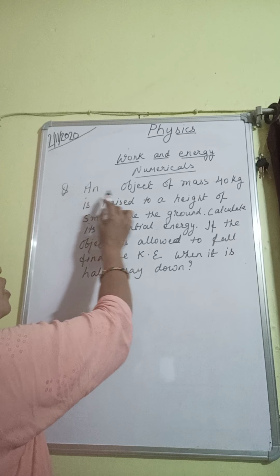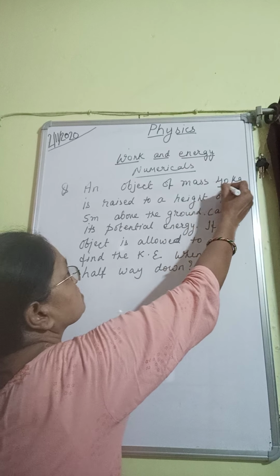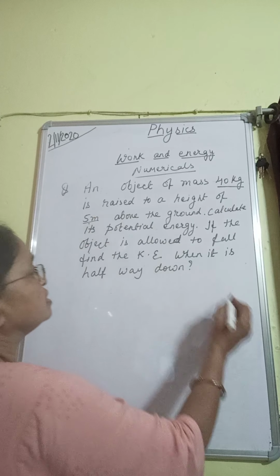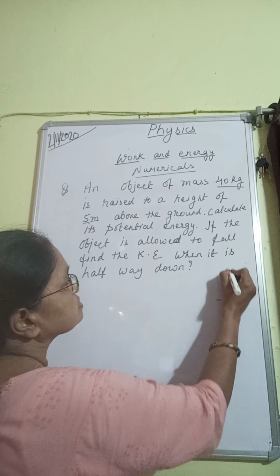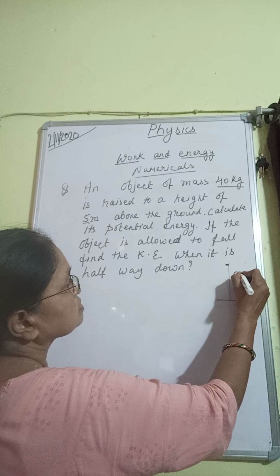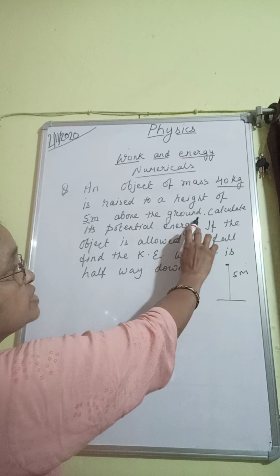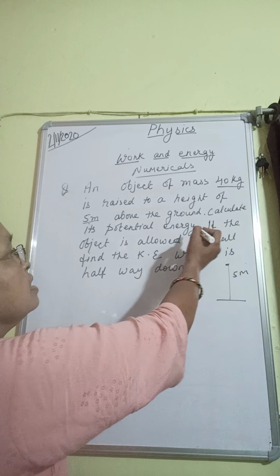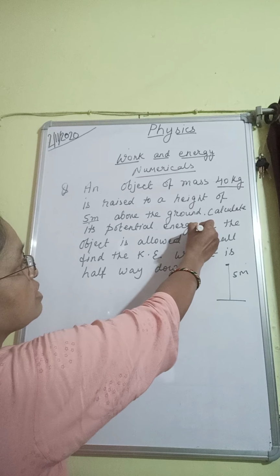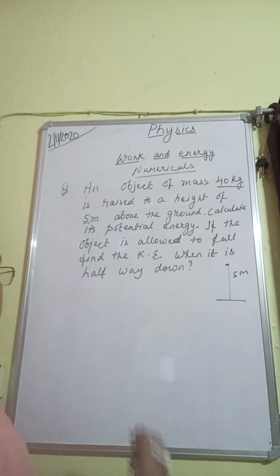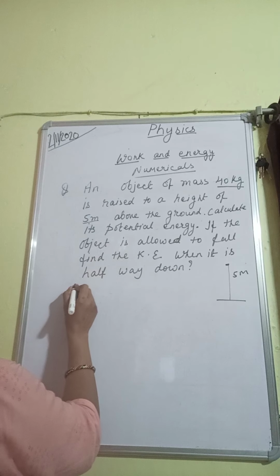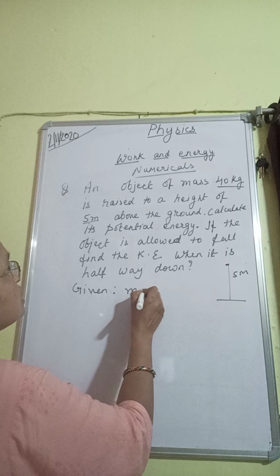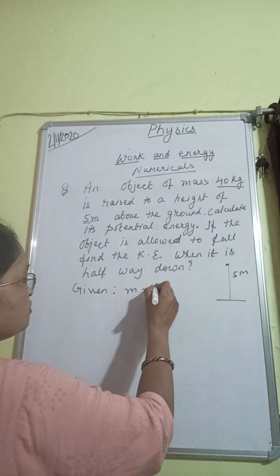Next question is, an object of mass 40 kg is raised to a height of 5 meter above the ground. Calculate its potential energy. So, let us solve up to here, then we will proceed again. Given, first of all, mass is equal to 40 kg.